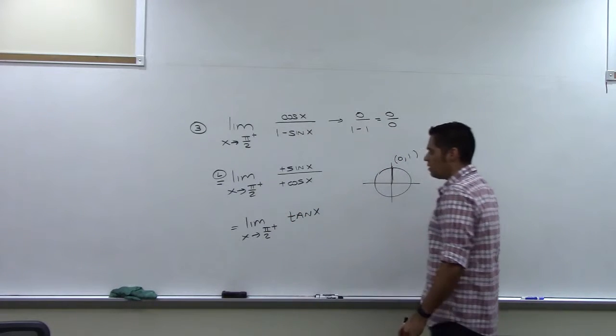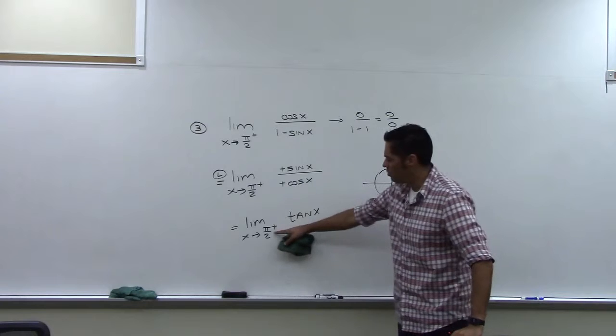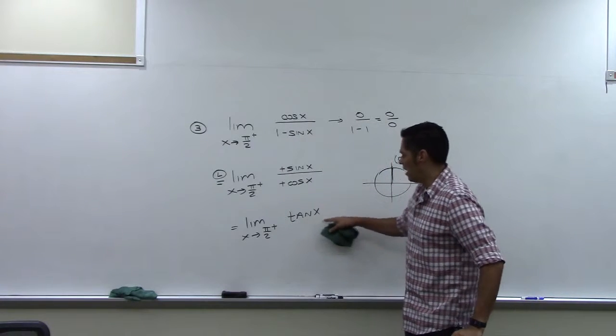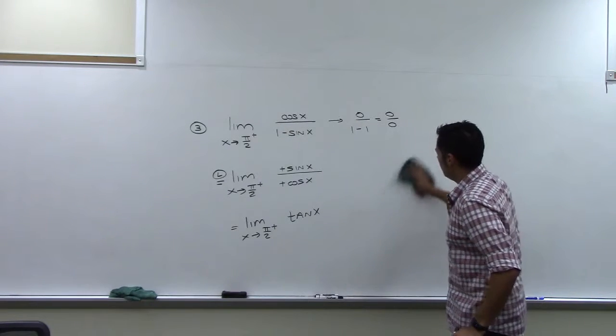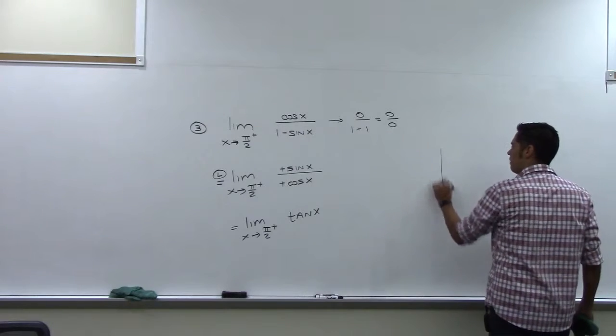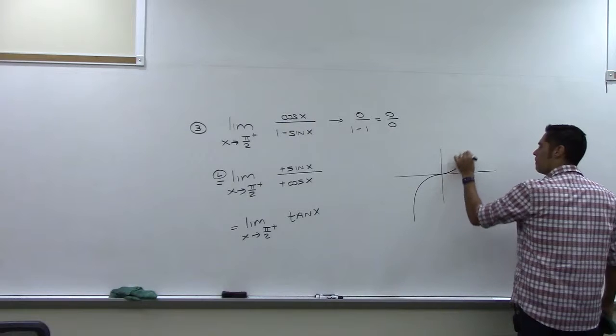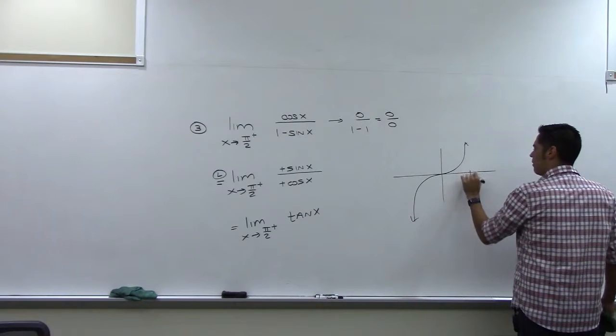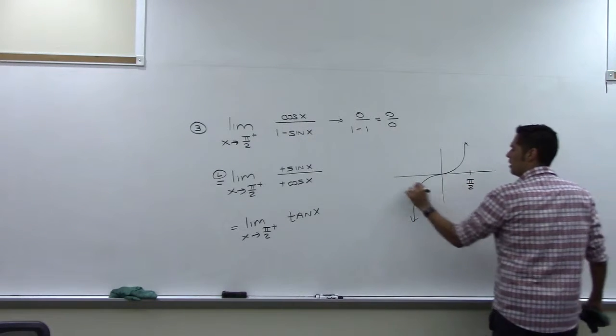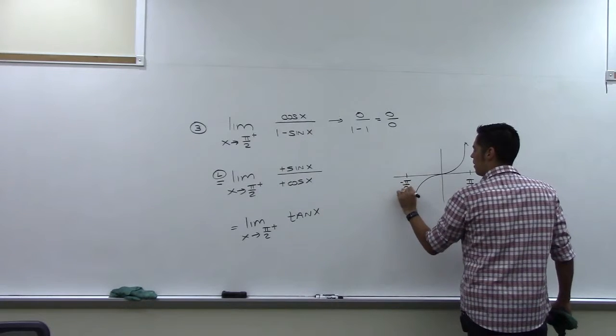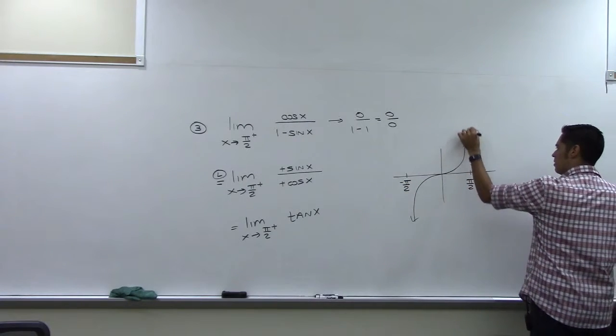So it's asking what happens as you approach pi over 2 from the right on the tangent function. So for this, I'm actually going to go to the graph of tangent. If we graph the tangent function, it looks like this. And we have a vertical asymptote at pi over 2 and negative pi over 2. So here's our asymptote here.